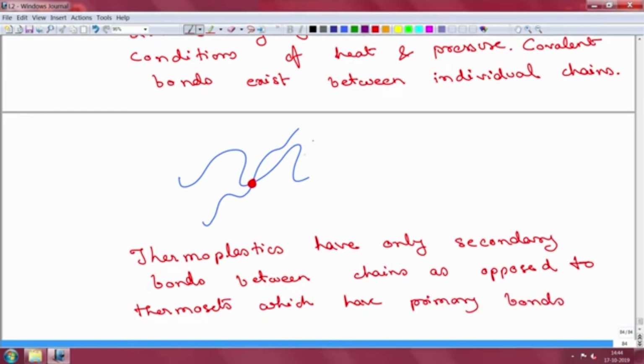So, this location of overlap, location of two chains coming in close contact.